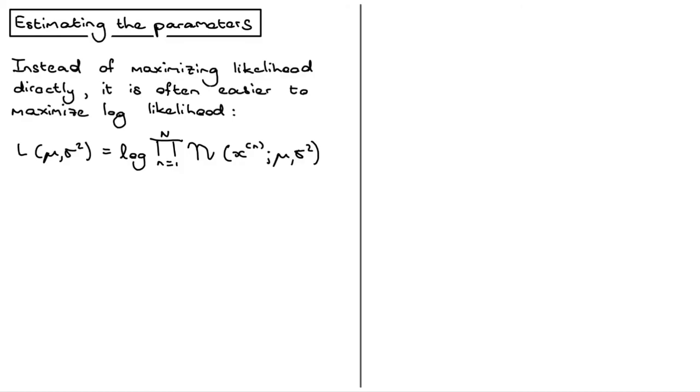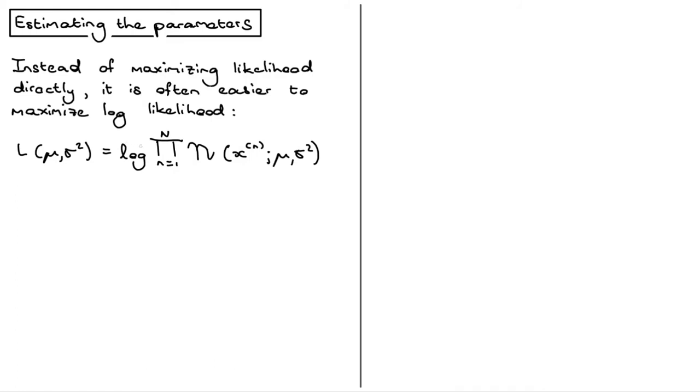It turns out that for many distributions, including the Gaussian distribution, it's actually easier to maximize the log of the likelihood instead of just maximizing the likelihood on its own. Since the log operation is monotonic, the maximum of a function is the same as the maximum of the log of that function. You can think about that for a second, but just convince yourself that you're sure what that means.